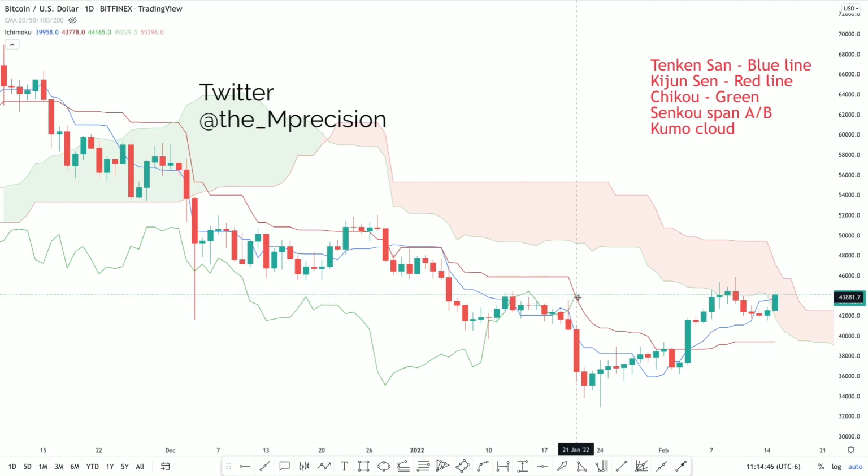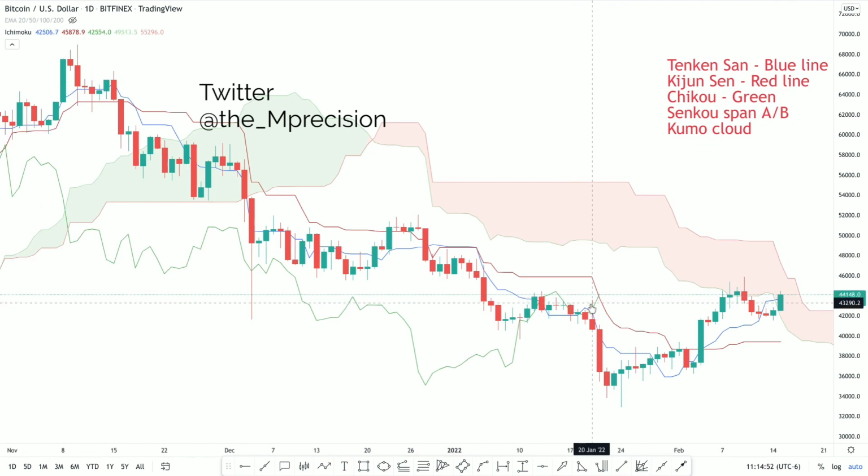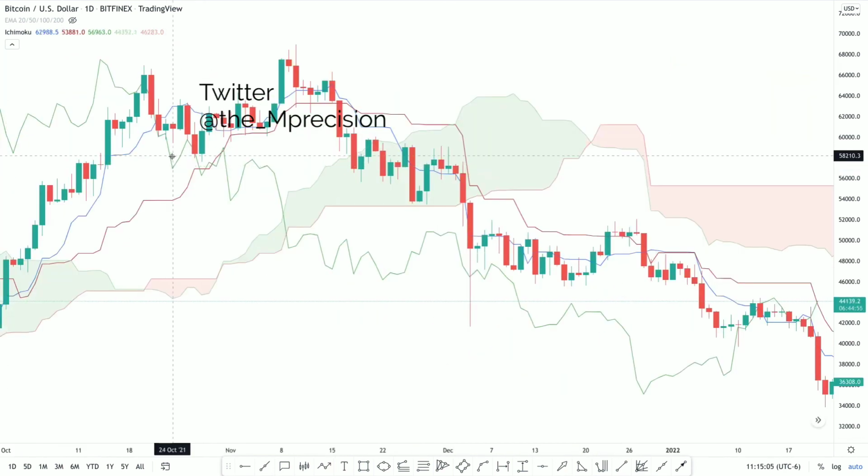And what Chico says is very simple. Chico says, hey, if this Chico price, this green trend line is below the cloud, you can short. And if it's above the cloud, you can long.